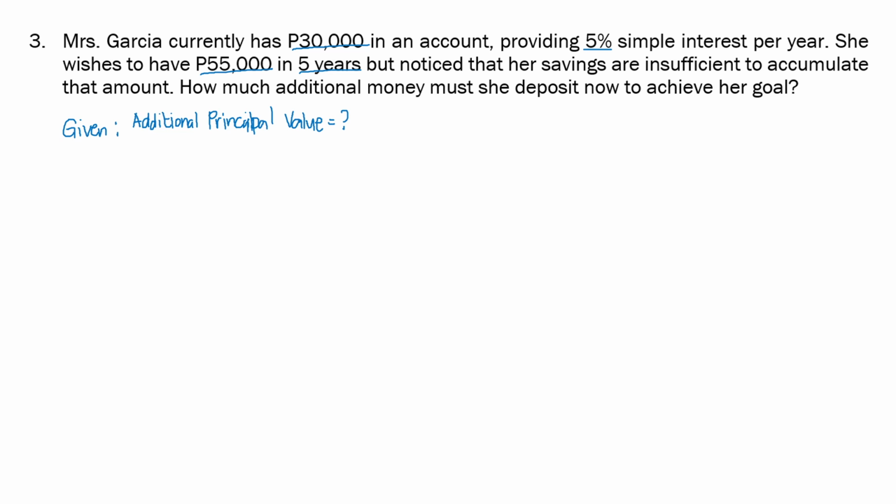So ang initial principal value is 30,000. Our time is 5 years. And our interest rate is 0.05. Asa gikan ang 0.05, it is from 5%. So let's solve.